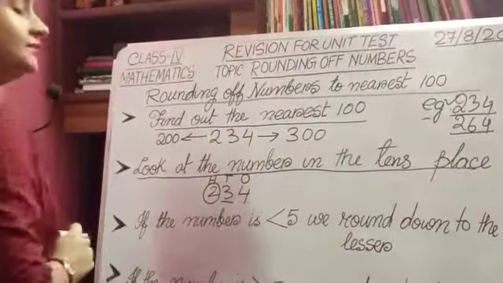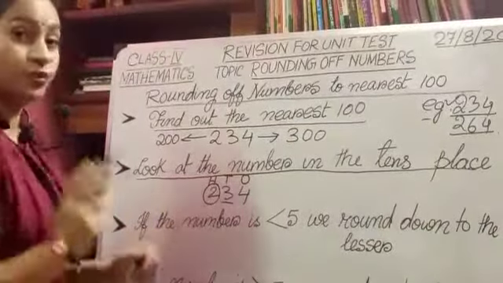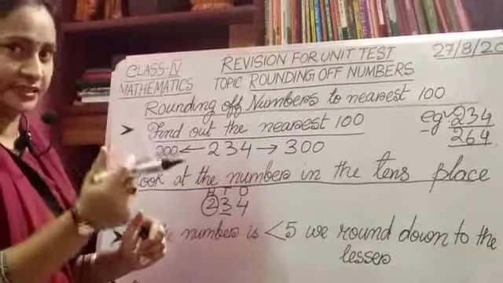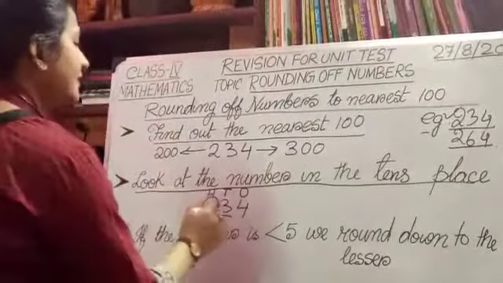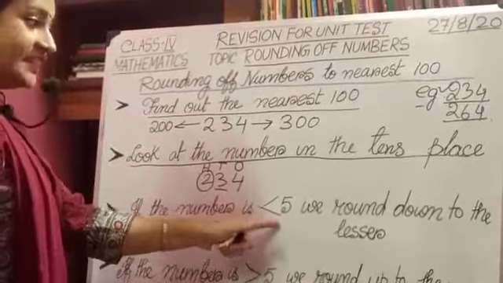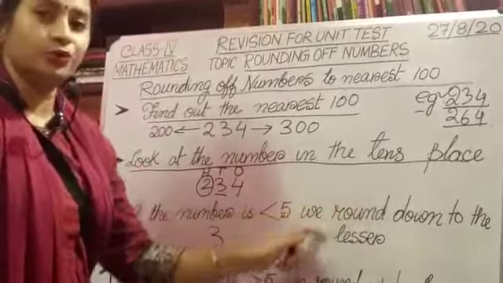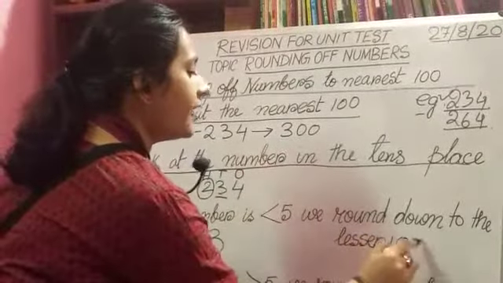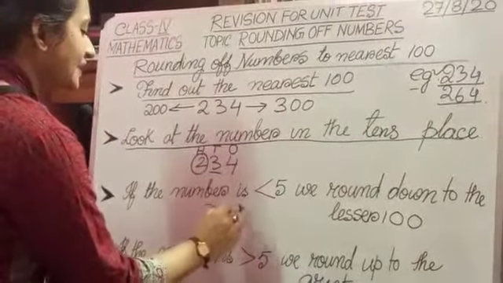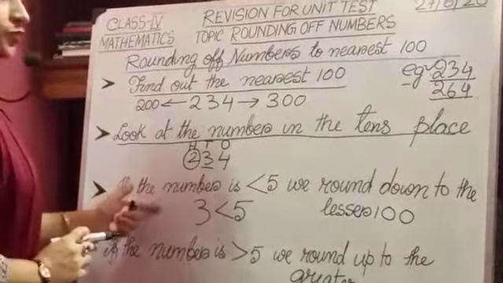Now come to the third step. If the number sitting to the right of the number to be rounded off, that is 3, is less than 5, we round down to the lesser hundred. So 3 is less than 5. What do we have to do?